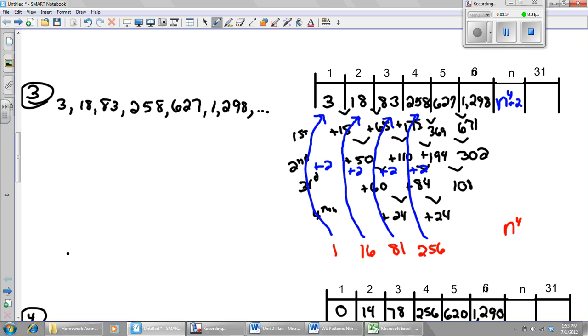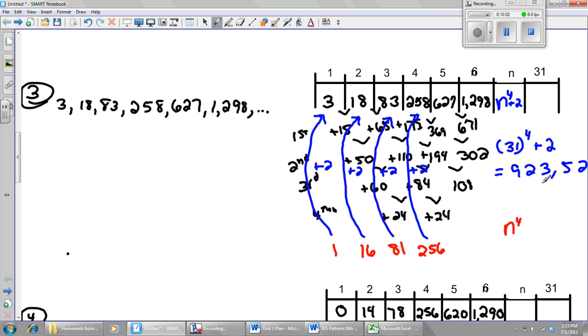Now to figure out this one, I'll do 31 to the fourth power, which is going to be a humongous number. It's going to be really large, and then I'm going to add 2 to it. All right, so let me see here. 31 to the fourth power is 923,521. And when I add 2 to that, I get 923,523.